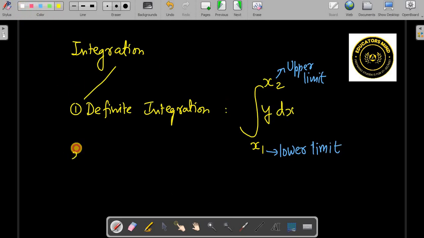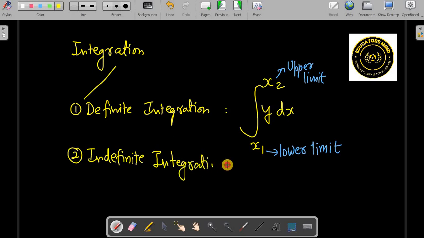Similarly, the second type of integration is indefinite integration. In indefinite integration, you may write this as integral of y dx without any limit, but when you evaluate it, you will get some result, but you also need to add a constant of integration.